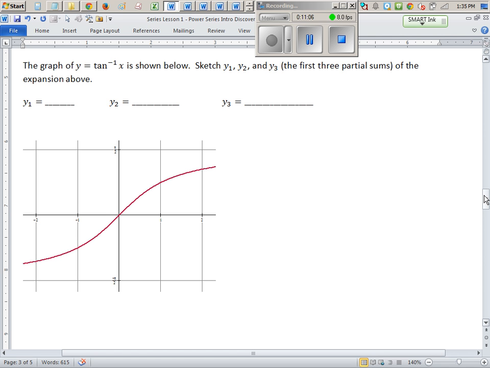Here's the graph of arctan, obviously, right? If you just use the first term, it's just x. If you use the next term, it's x minus x cubed over 3. If you use the first 3 terms, the third partial sum, it's got 1 extra term.